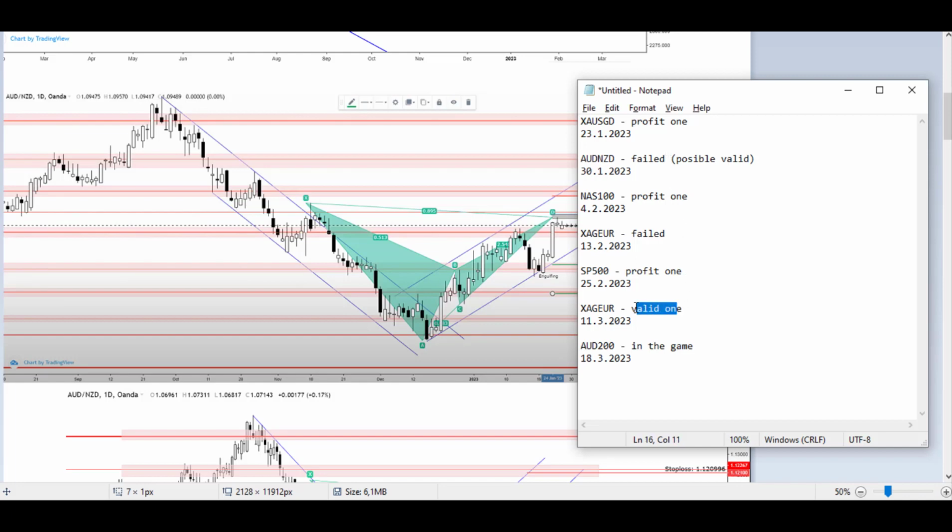This one is a valid one, and sorry, 1 valid one, failed, profit 1, profit 1, profit 1. Okay, so we have 1 failed, sorry, failed. We have 1 valid, sorry, 2 of them are failed.